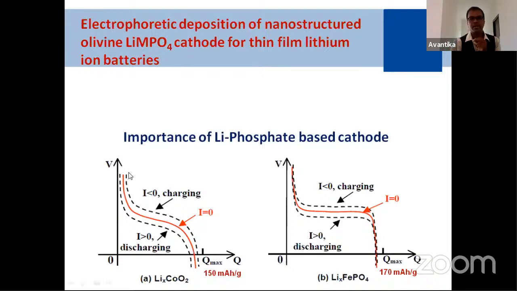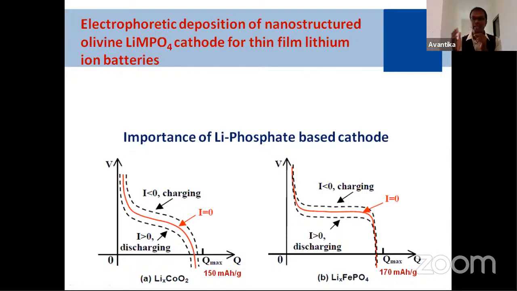Okay, on the left side you can see the graph between voltage and power. The voltage is decreasing drastically and coming down. This is happening in lithium cobalt oxide. Whereas in phosphate-based materials, the voltage comes down, and after a particular voltage, it can retain that voltage for a particular duration.